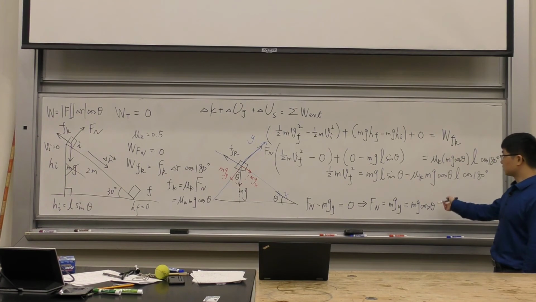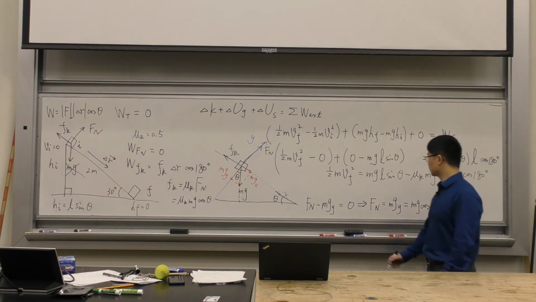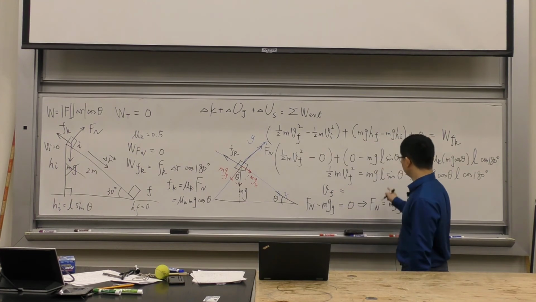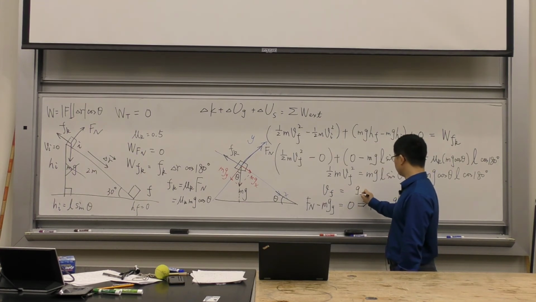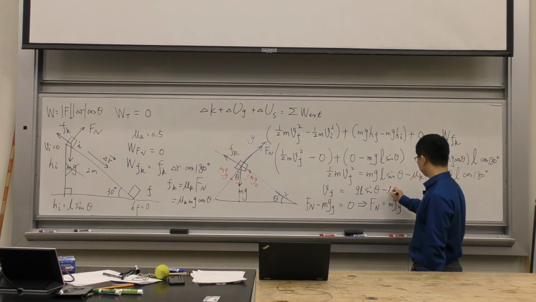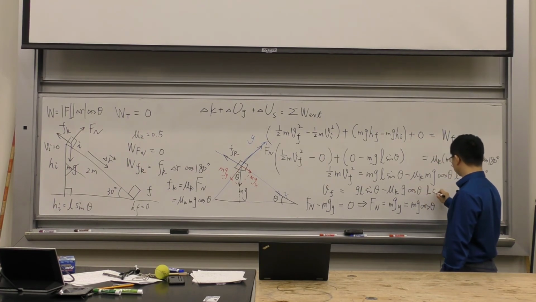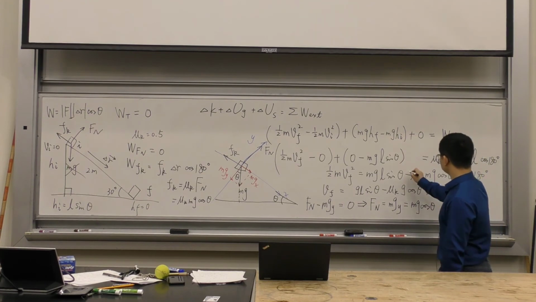But anyway, the rest is just algebra. You rearrange this equation, you will find this vf. It's going to be equal to this whole thing, g L sine theta, because m is going to cancel, minus mu k g cosine theta L cosine 180. Oh, this is a plus sign, I'm sorry.